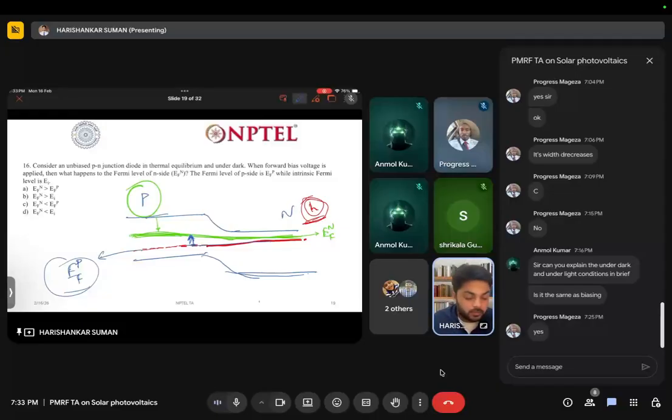What will happen in a p-n junction? Quasi Fermi levels. The splitting of the quasi Fermi levels gives the open circuit voltage of a solar cell, which is essential in solar cells.